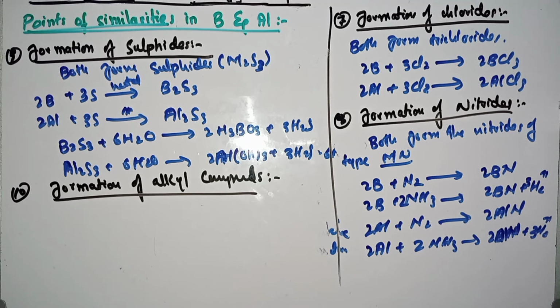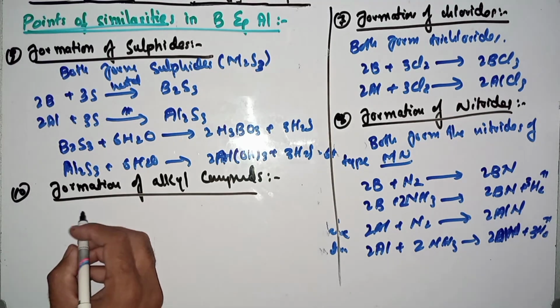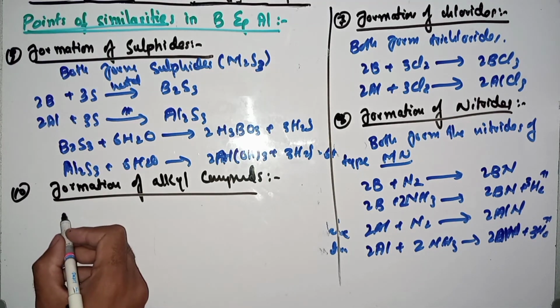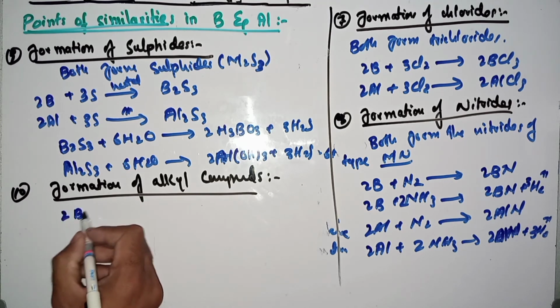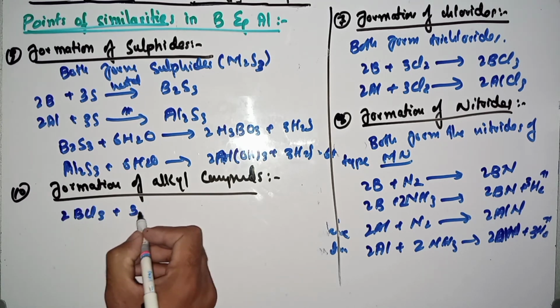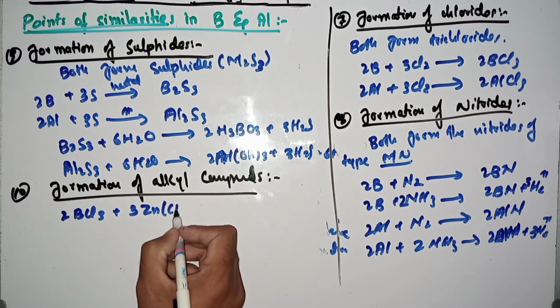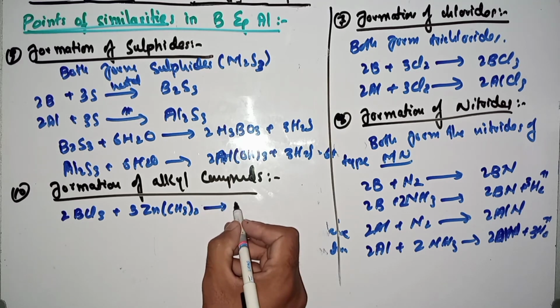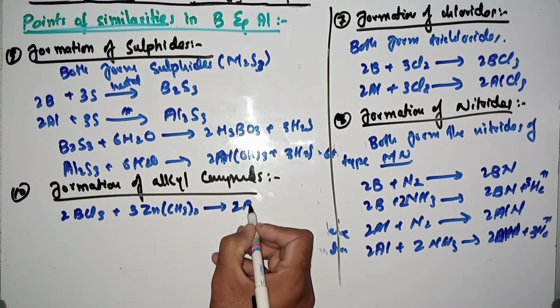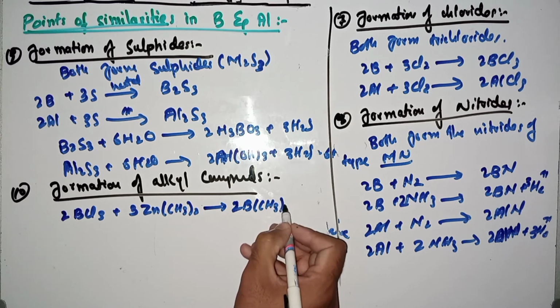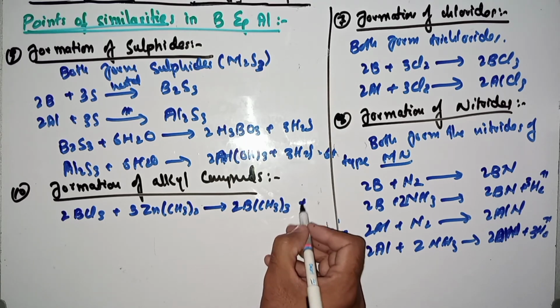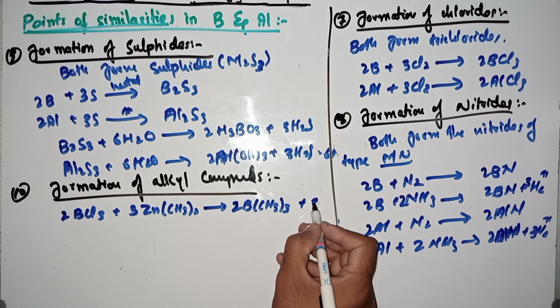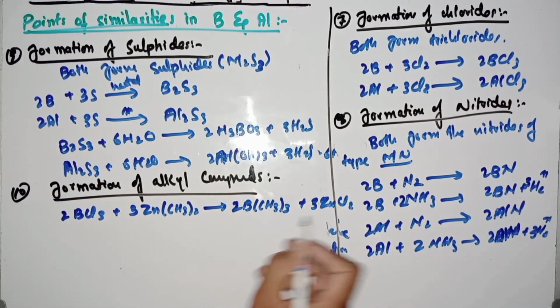Like for example, both form similar types of alkyl compounds, such as BCH3 or AlCH3. For example, when 2BCl3 plus 3ZnCH3 are reacted, they produce 2B(CH3)3, that is an alkyl compound, plus 3ZnCl2.